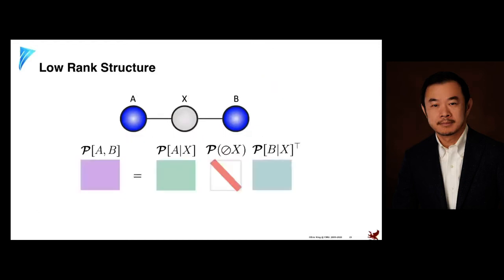It's very easy. Basically, you can imagine the following matrix factorization. This is pretty generic. You can introduce a diagonal matrix expressing the states of x, and then you can factorize A and B conditioning on x in this way. Then if the rank of the x matrix is bounded by k, because of this matrix factorization, we can conclude that the rank of P of AB is also bounded by k.